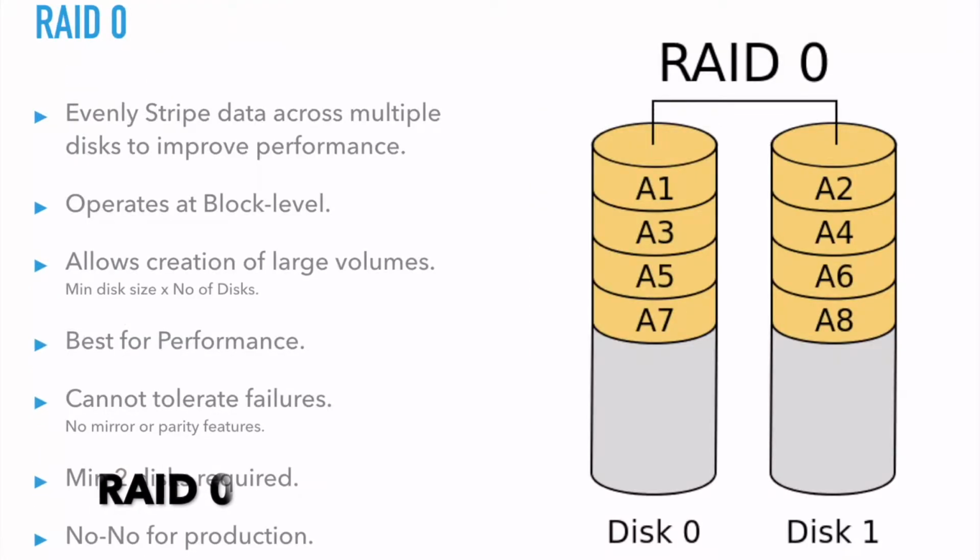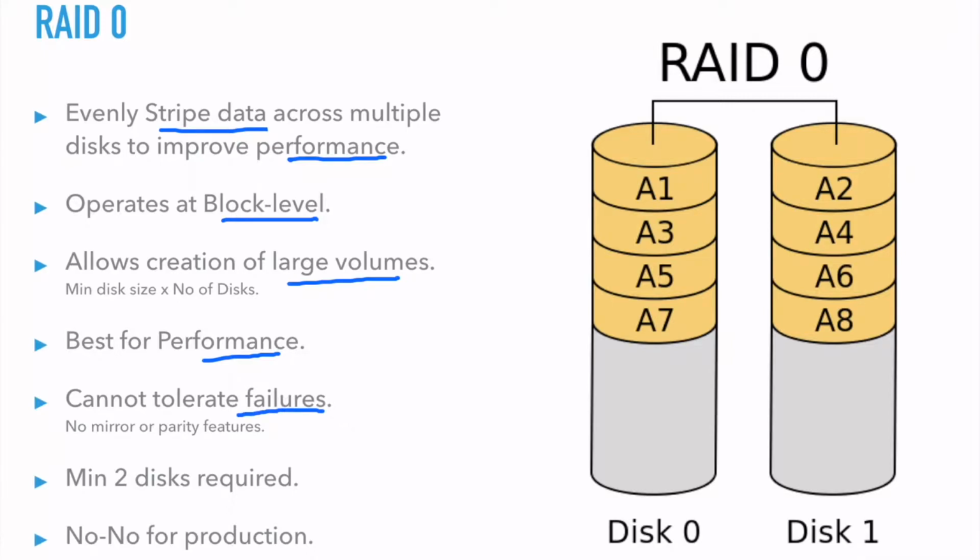RAID 0. It evenly stripes data across multiple disks to improve performance. It operates at block level. It allows creation of large volumes. So you can club multiple sets of disks to create one single large volume. It is best for performance, as I mentioned earlier. It cannot tolerate failure.